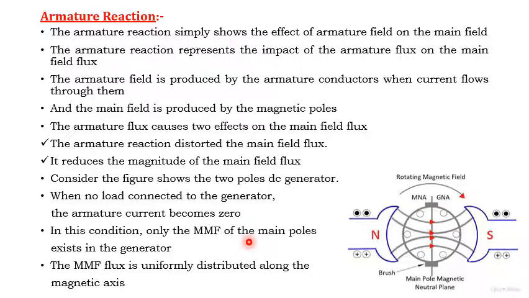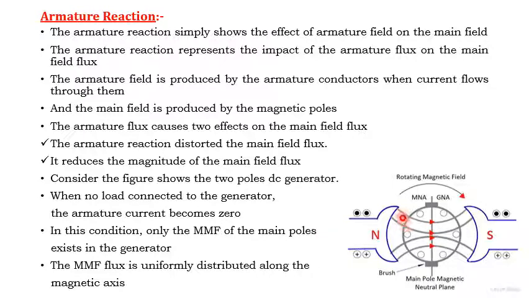In this condition, that is when no load is connected to the generator, the armature current becomes zero and only the MMF of the main poles exists in the generator. This MMF is uniformly distributed along the magnetic axis.